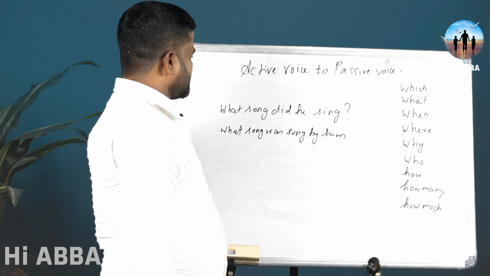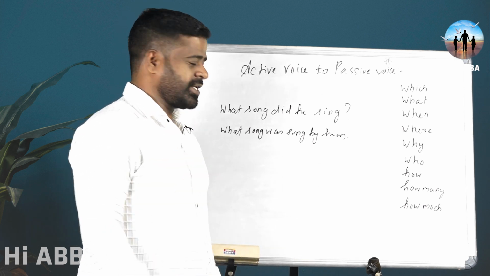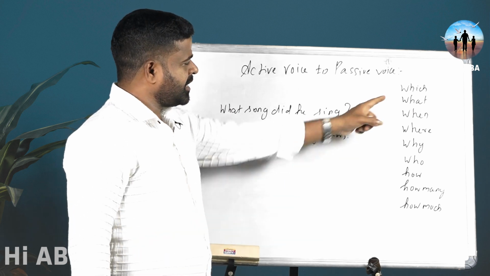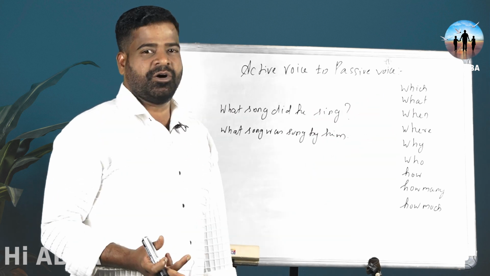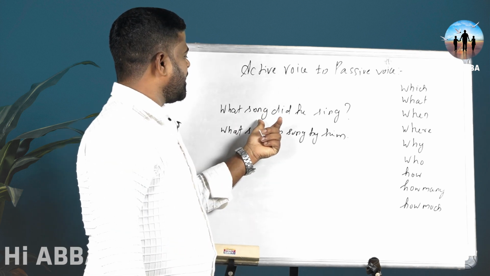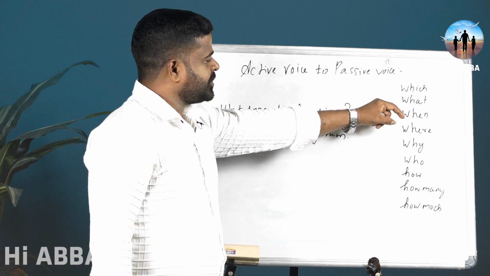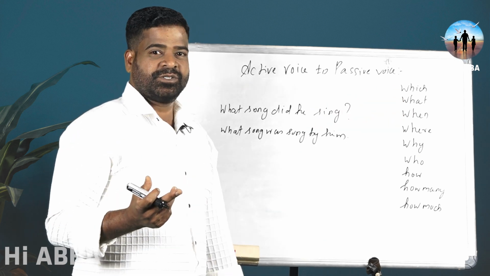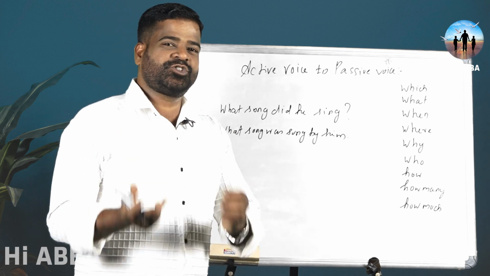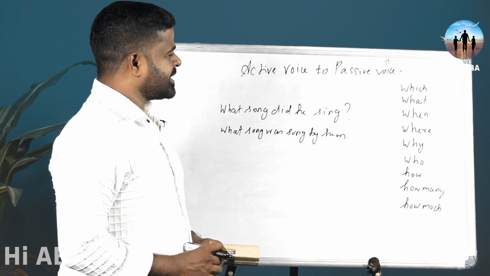Now my dear students, the information I am going to provide now is something quite interesting. In WH questions, sometimes what happens, the WH question itself will be the object. So usually here, what song, actually here the object is song, but in certain sentences this WH question itself will become the object. So when that happens, that should be considered as an object, and that should be changed into passive voice. That is quite interesting here. We will learn it with an example now.